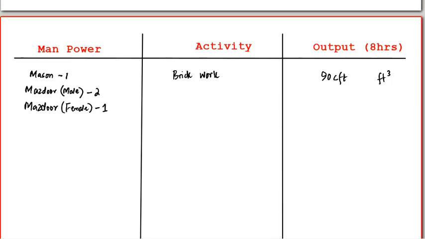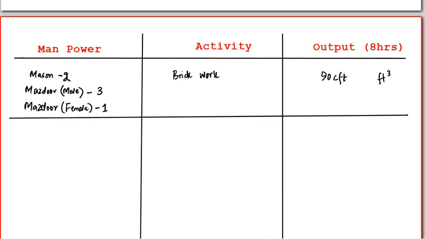So this is a thumb rule: for a brickwork of 90 cubic feet, you may need 2 masons, 3 male labor and 1 female labor, right? So this is the thumb rule for brickwork.